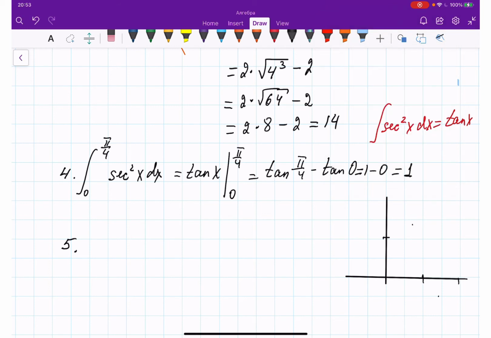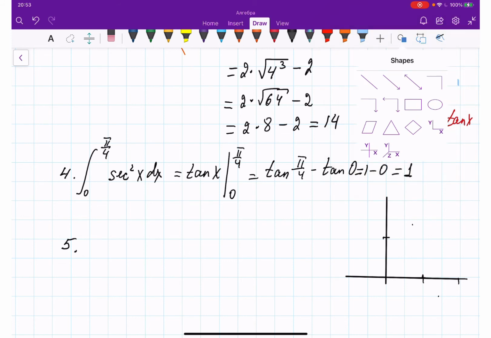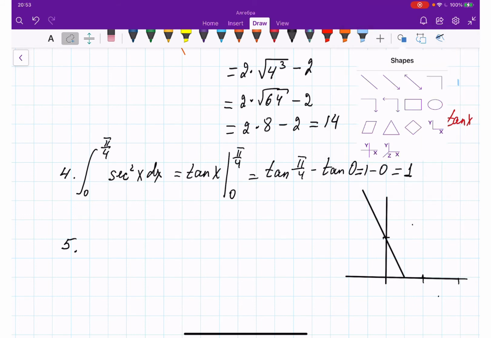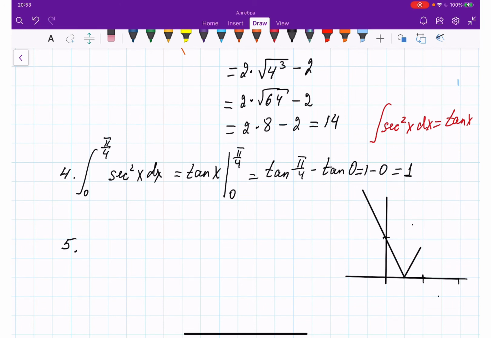And the graph looks like, no. Okay, this is 1, and I'll do this one also. Okay, so this is 1. This is 1, this is 2, so this obviously is going to be 1/2.